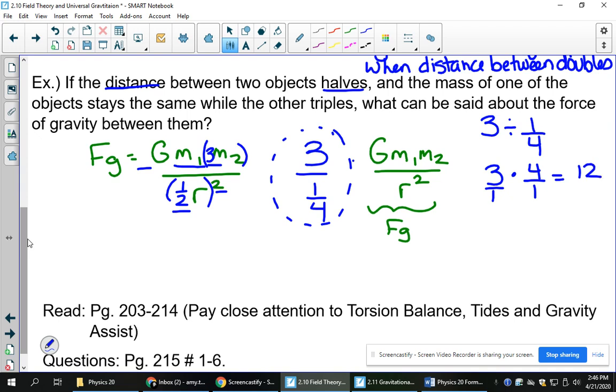So Fg has actually multiplied by 12. If you take the distance between two objects and cut it in half, and you make the mass of one object 3 times bigger while the other object has the same mass, the force of gravity is going to be 12 times bigger.